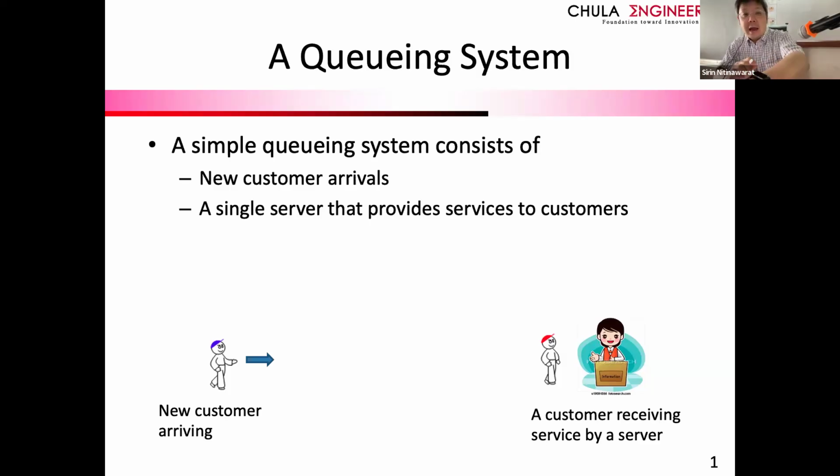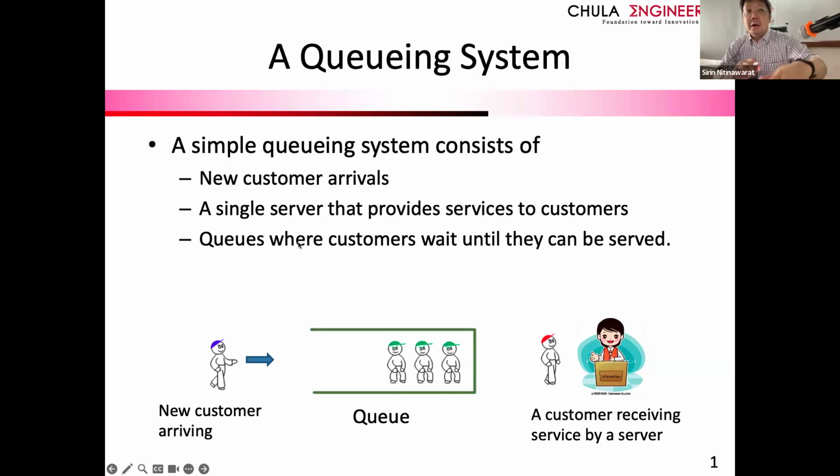The customers coming in will be queued, because there is only one service counter. In this simple case, one queue is enough. The most natural queue you can think of is first come, first served, or first in, first out. The earliest customer that arrives should be the first one to be served.